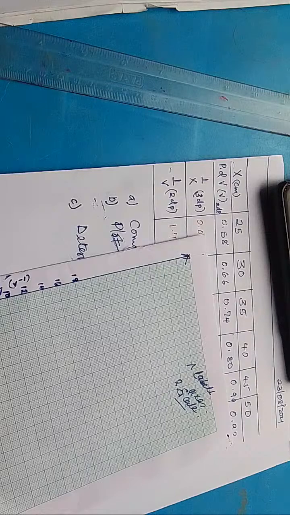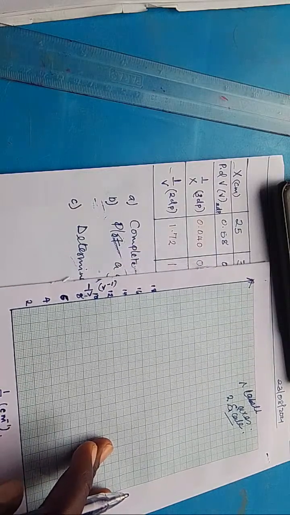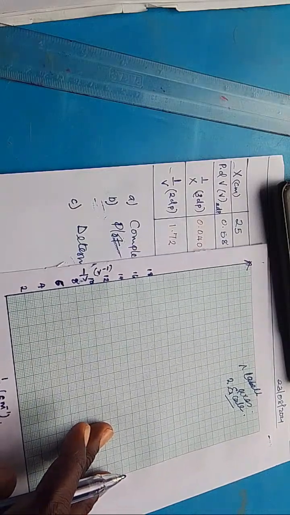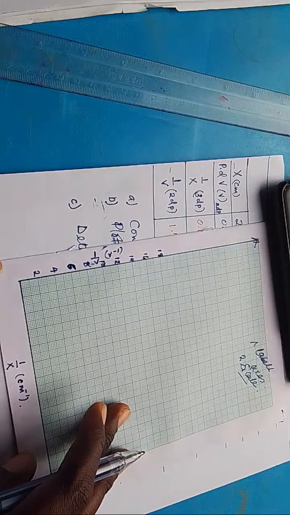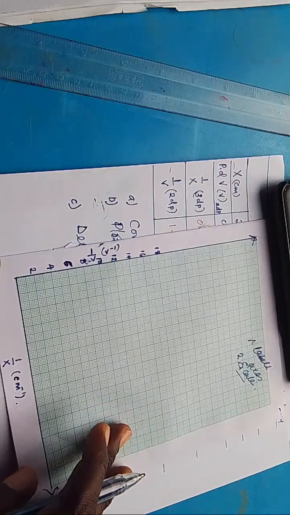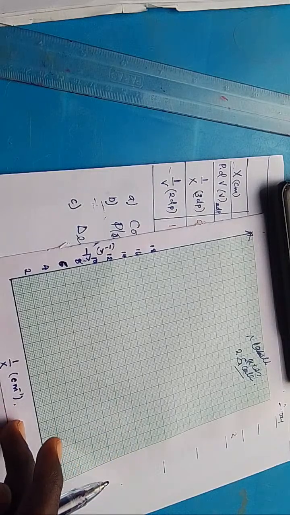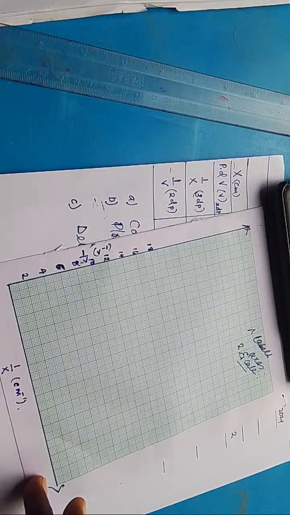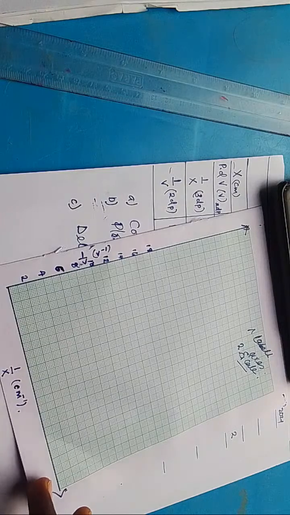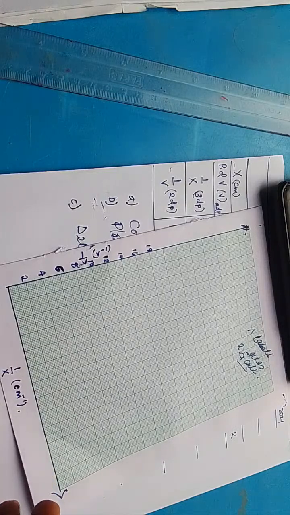Even though my scale will appear to be very small, that is what I will go by as of now. Then on the x-axis, we are having 25 all the way to 50.